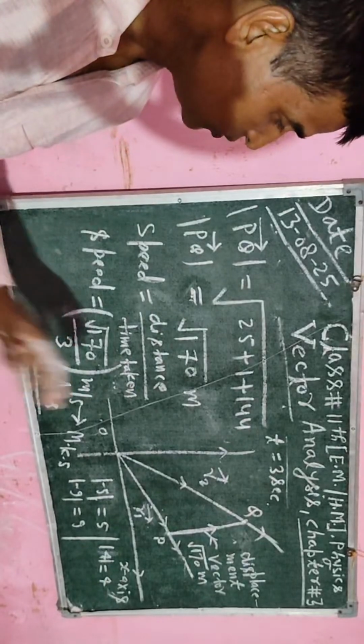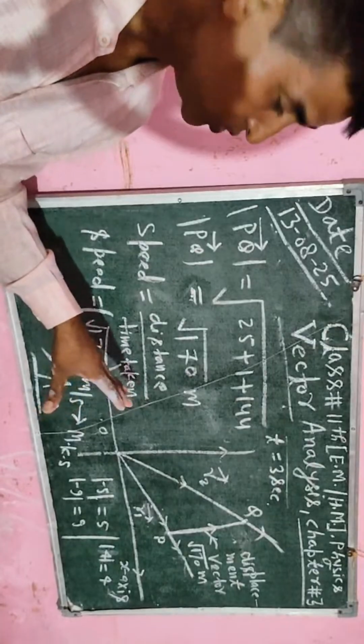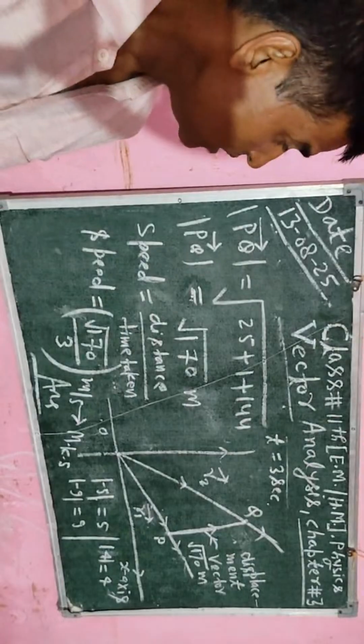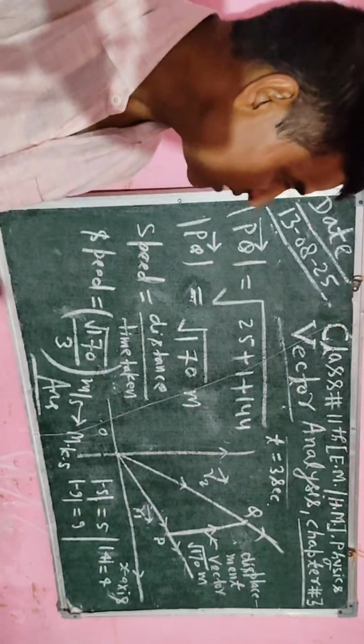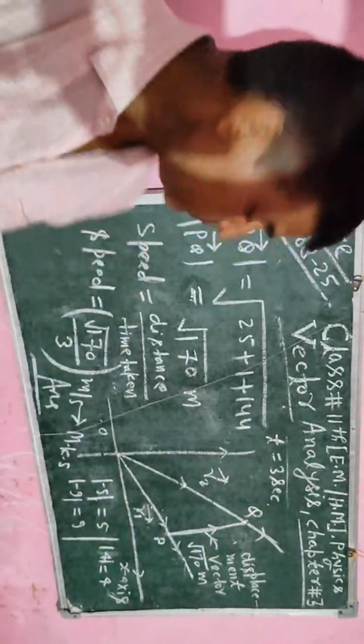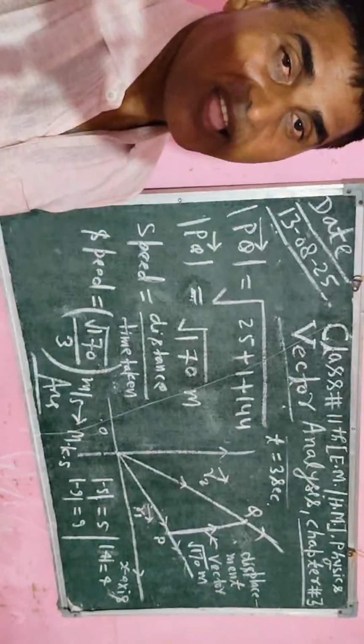So all the information is available here, and with it we can solve for the value of the displacement vector and also the value of speed of the object moving from point P to Q. Okay, this concept I have already explained to you yesterday.